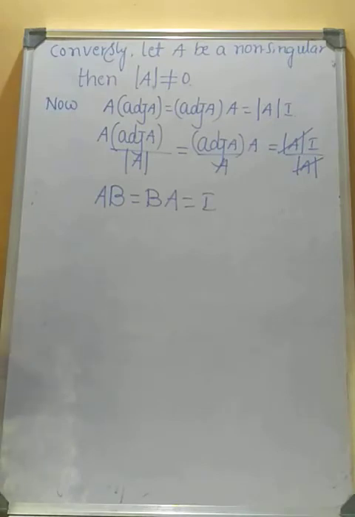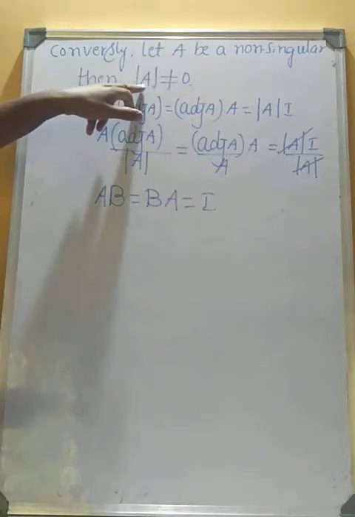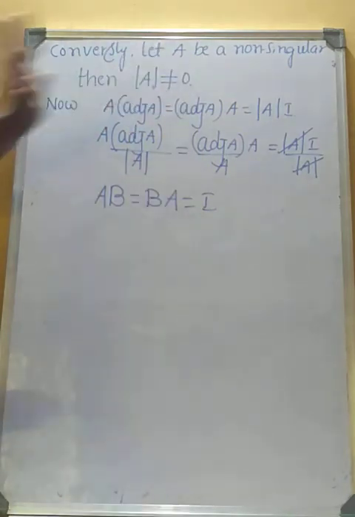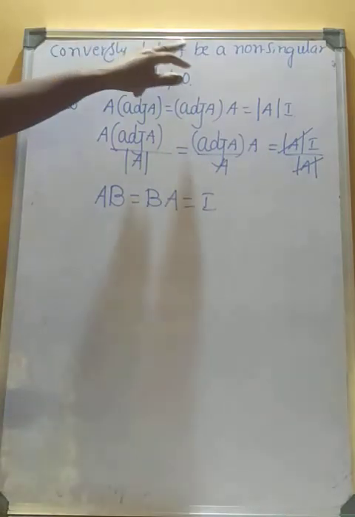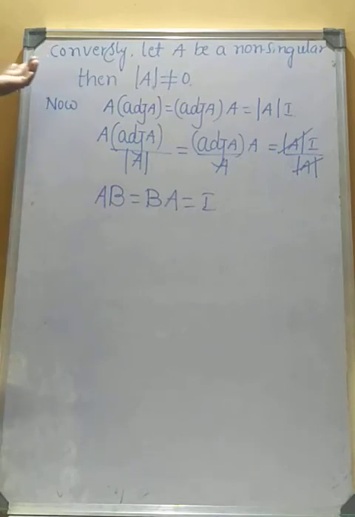Conversely means let A be non-singular, then determinant of A not equal to 0. That is, A is non-singular, then prove that the matrix A is invertible.